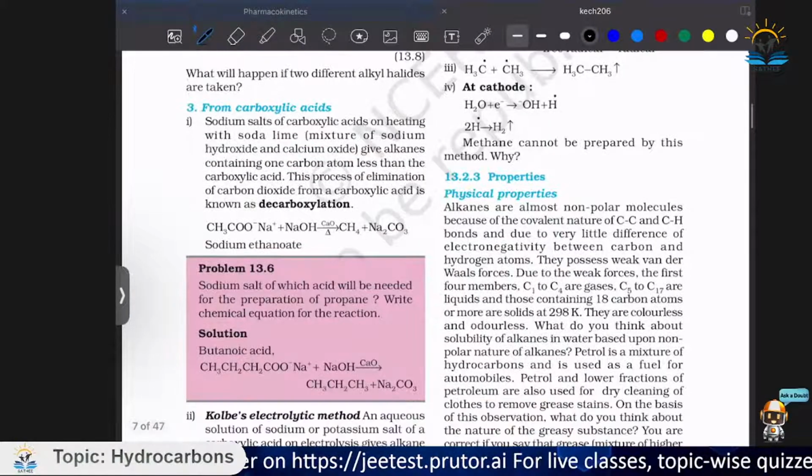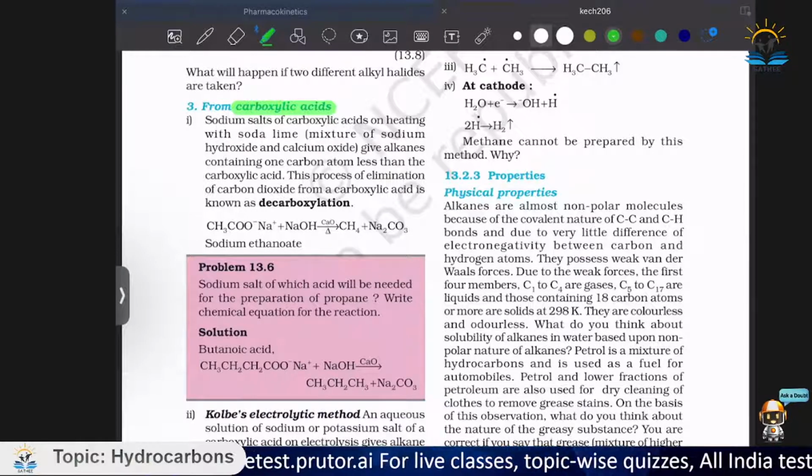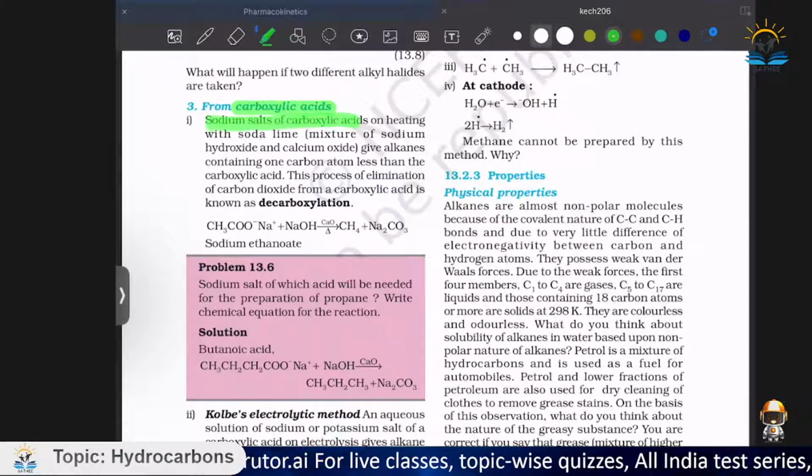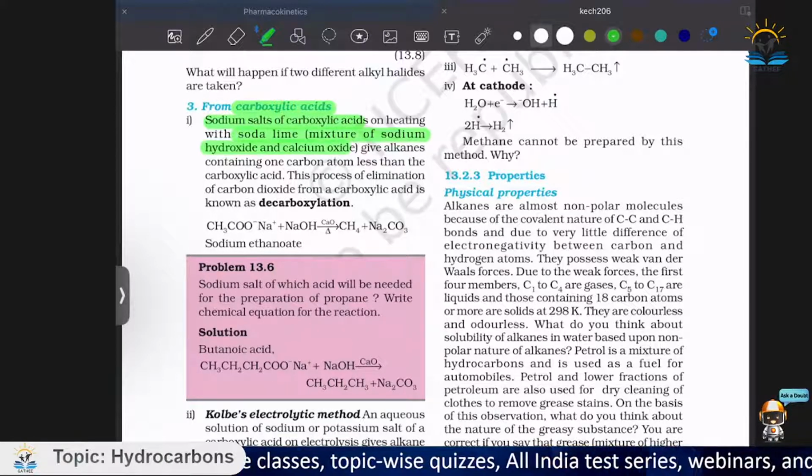Now, how to prepare them from carboxylic acids? So, what are the substrates? Substrates are sodium salts of carboxylic acids. What is the catalyst? Soda lime, a mixture of sodium hydroxide and calcium oxide. And you heat it, they give alkane.